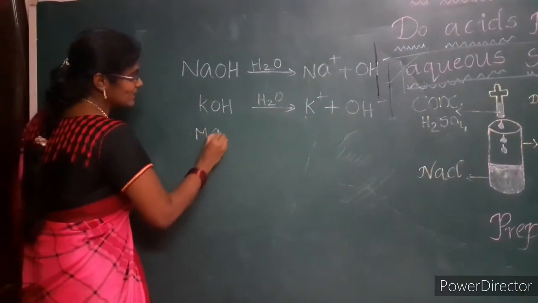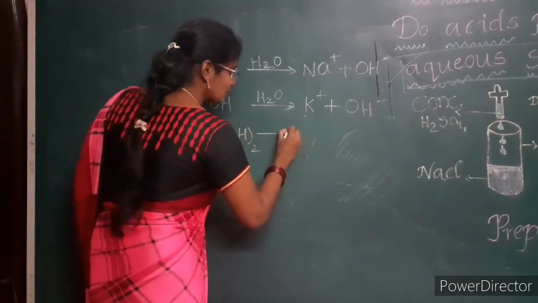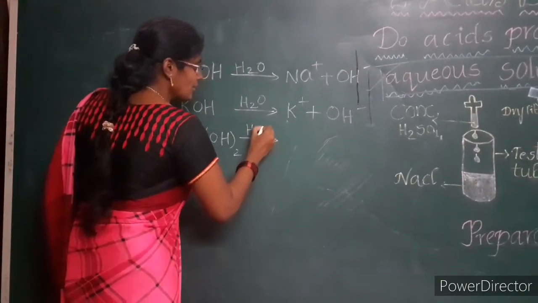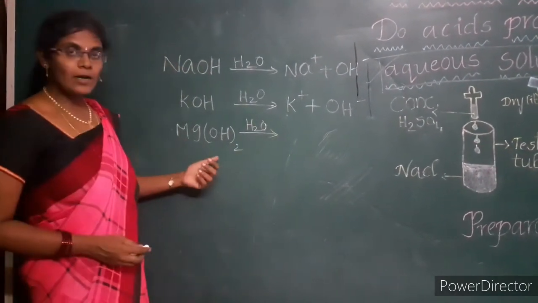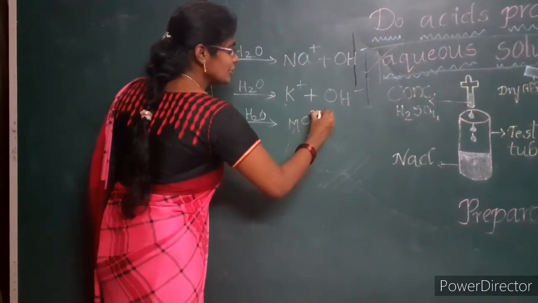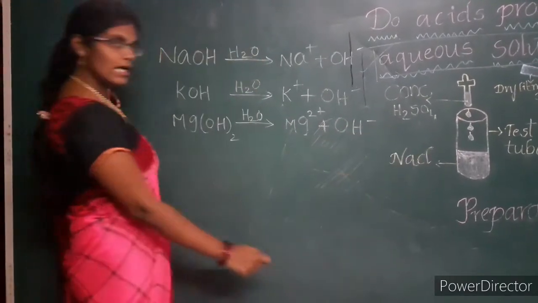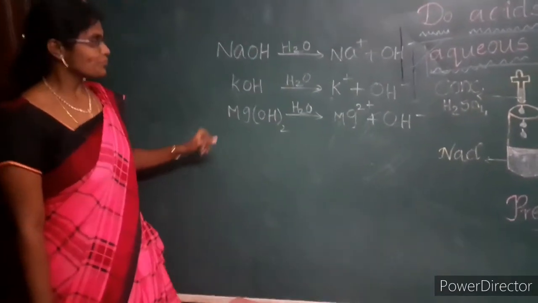Similarly, magnesium hydroxide. In case of magnesium hydroxide also, it decomposes into Mg2 plus and OH minus ions. Okay.